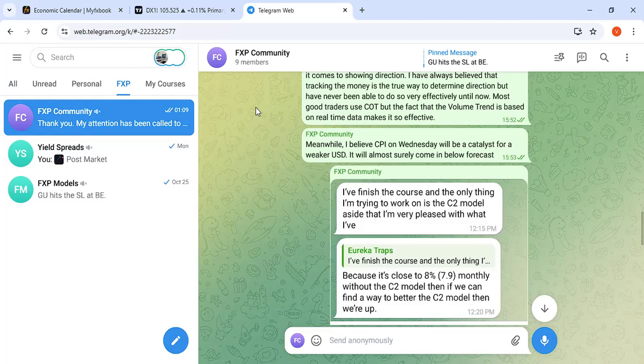Between last year and this year, I personally had lost close to 350K in prop accounts, right?